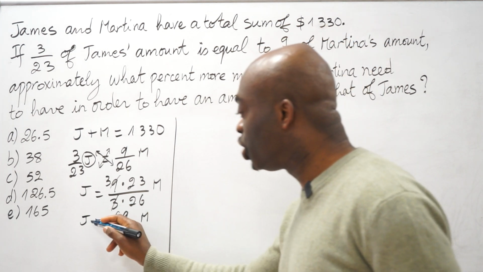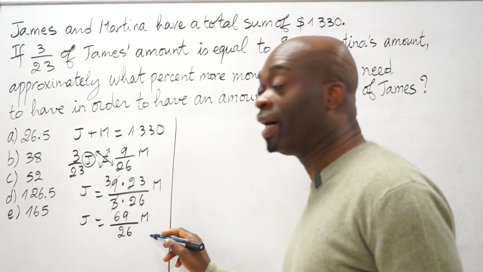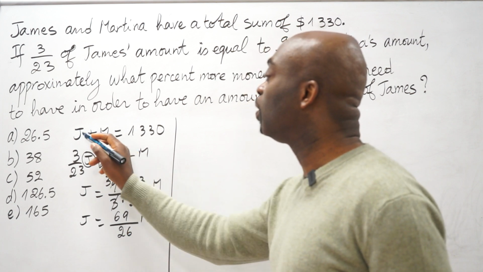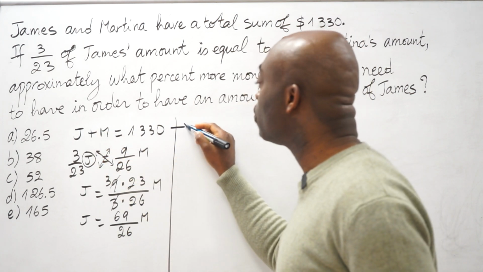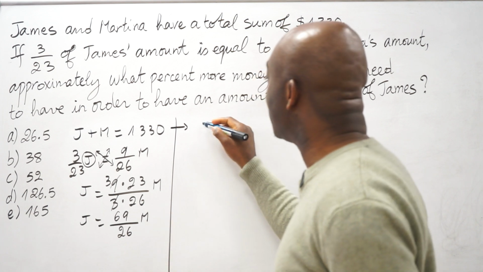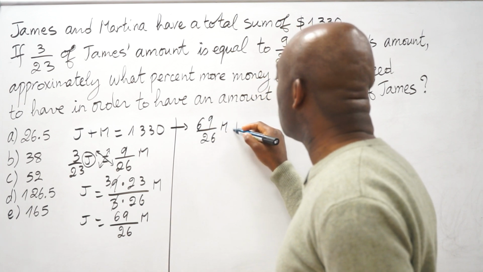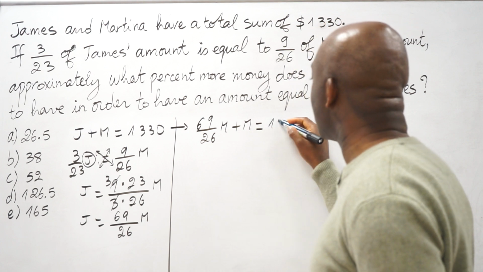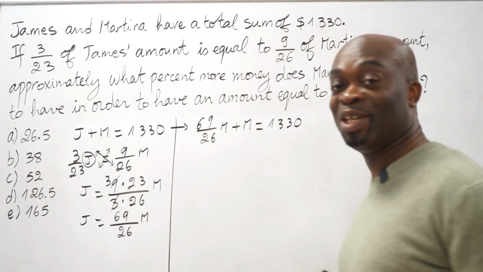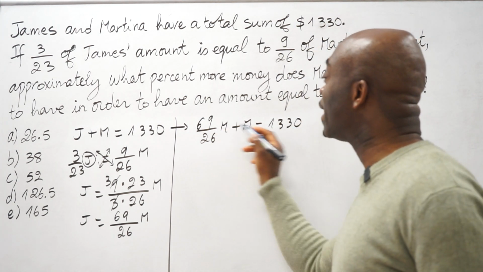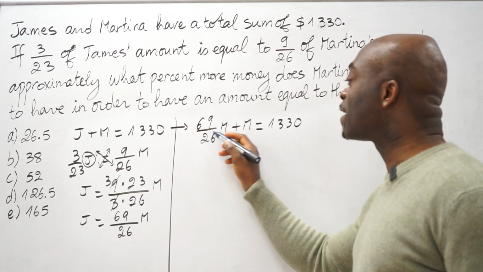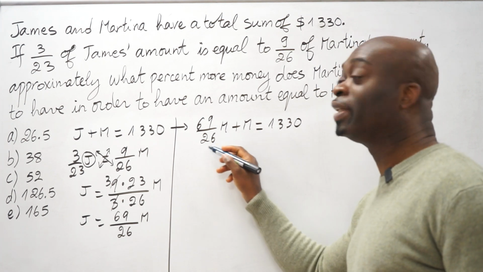Now that we know James in terms of Martina, we can plug it back into the original equation. J is 69 over 26 M, plus M, equals 1,330. Are you with me? Now we can add these two together. The lowest common denominator is 26, because that's the only denominator we have.